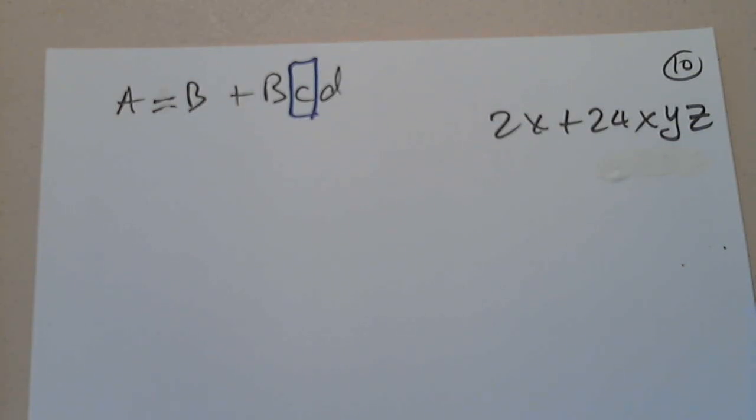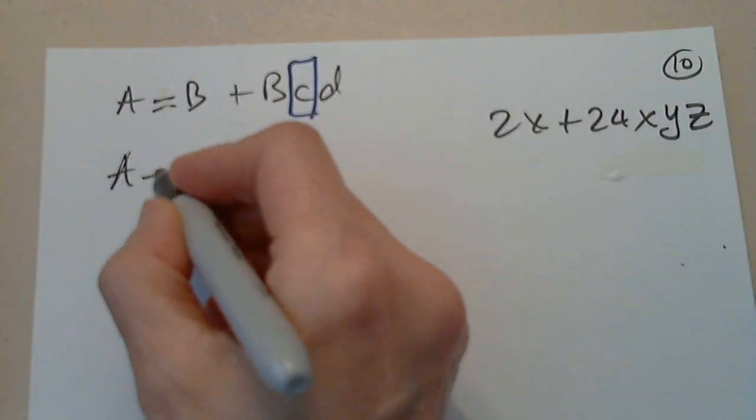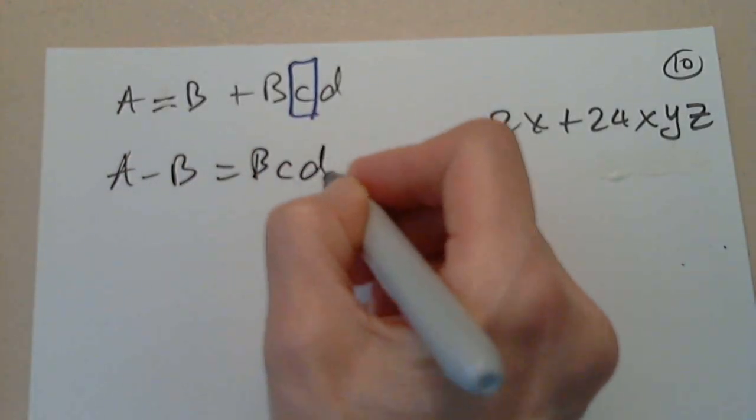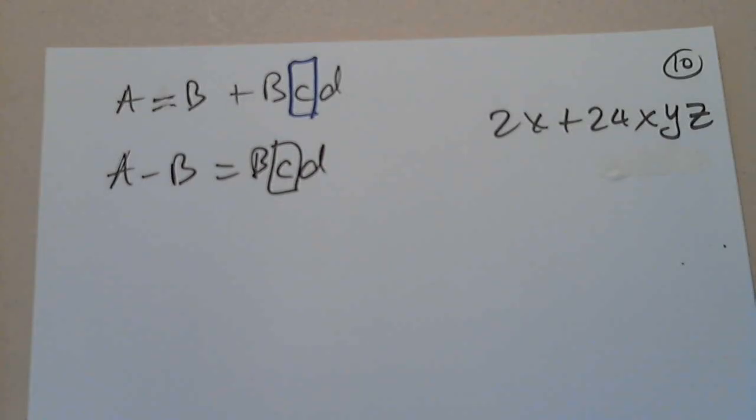Divide B and D on both sides. Nope. It's not incorrect what you're saying, but first I have to move B to the other side. So I have to have A minus B equals B, C, D, and now I will solve for C. First we have to clear and simplify the equation.